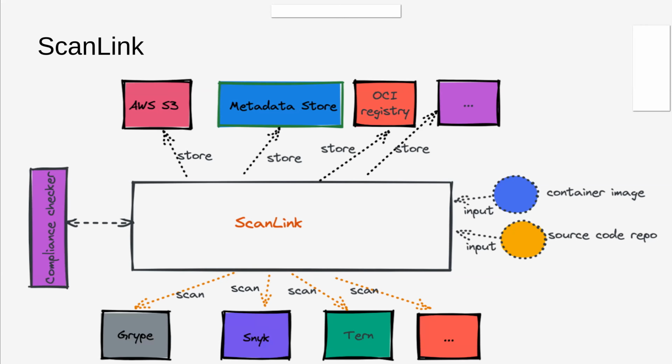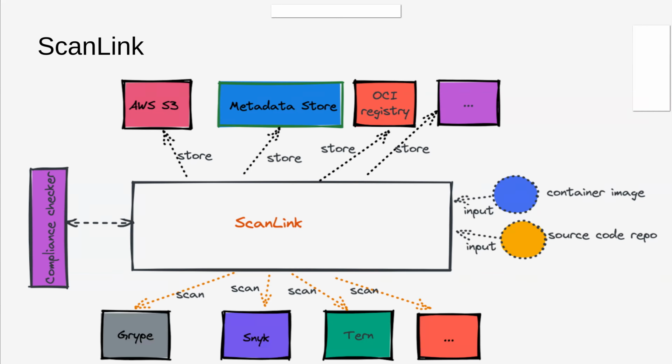The next slide highlights what we have conceived as the architecture of our ScanLink component. For us, Grype is our default scanner. And as you can see, there are different types of scanners that we can plug in and plug out. We also conceived certain plugins to store all these scan reports, which today are often either stored in S3 or attached to images.